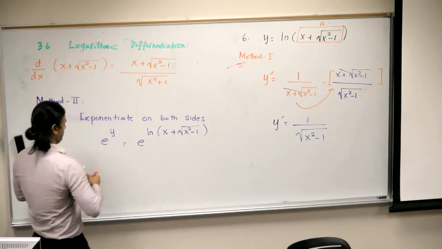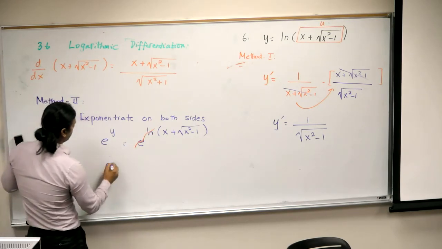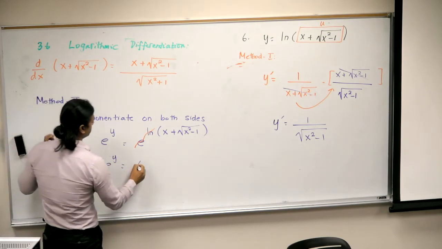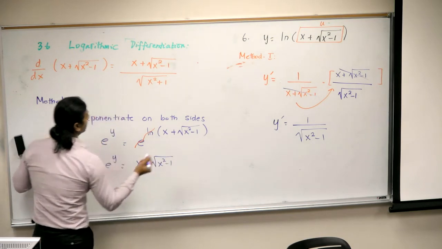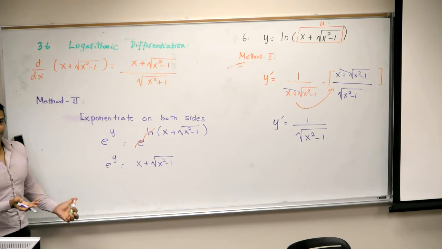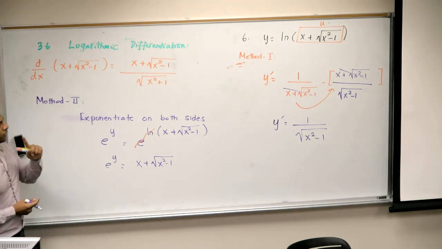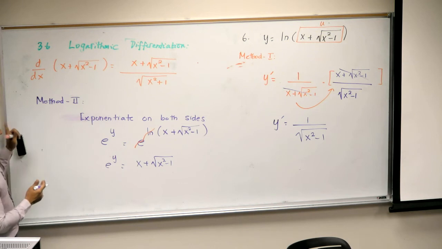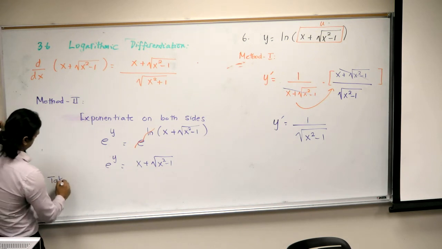They cancel. So e raised y would be equal to x plus the square root of x squared minus 1. Correct? Take the derivative of both sides using implicit differentiation.